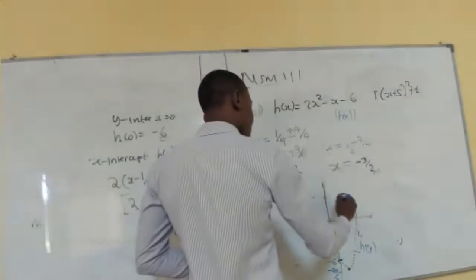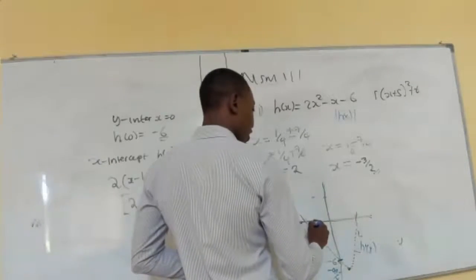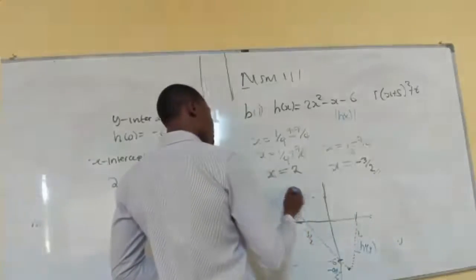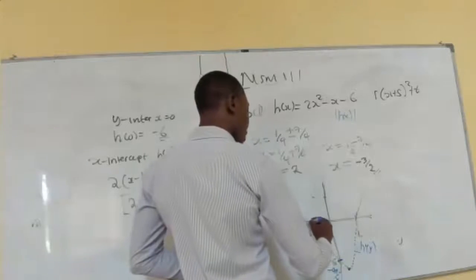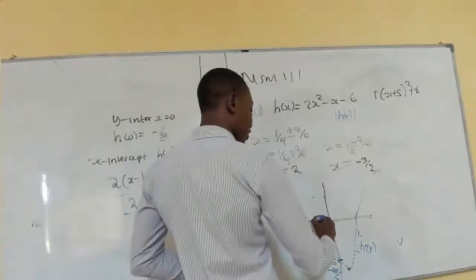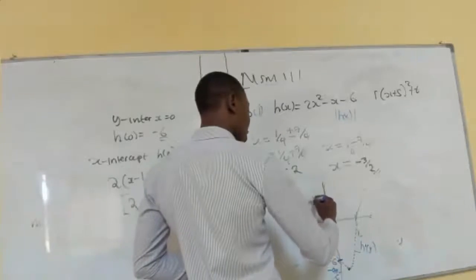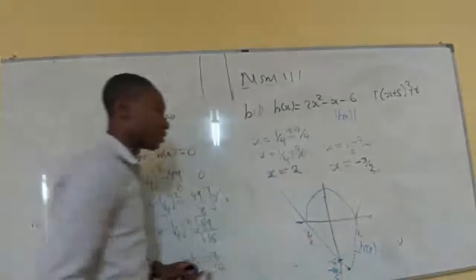So we'll have this sort of scenario where this point goes this way, that point goes that way, then we'll have this graph turning from here, above 6.